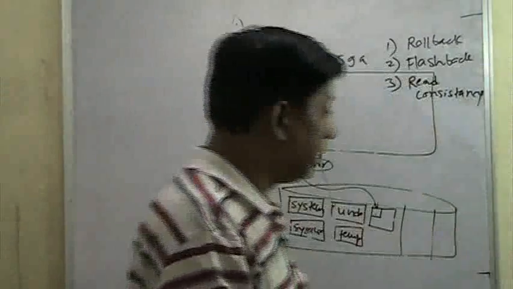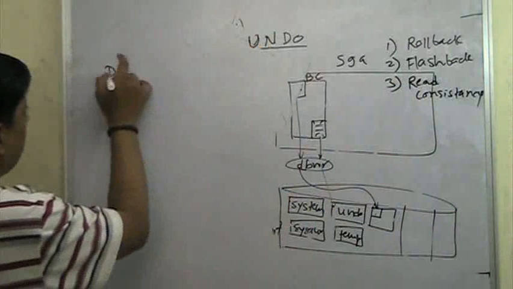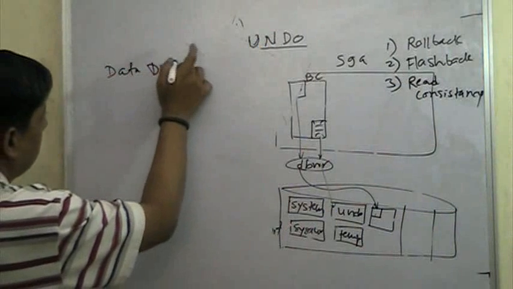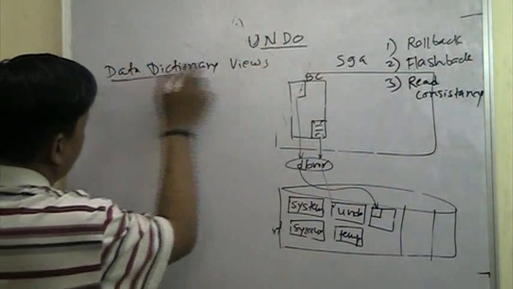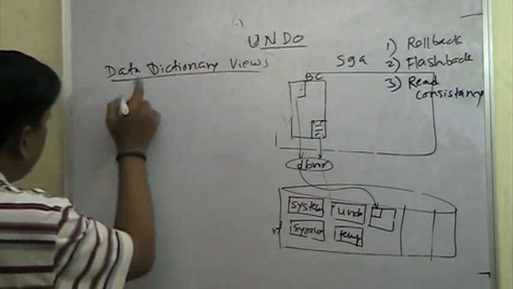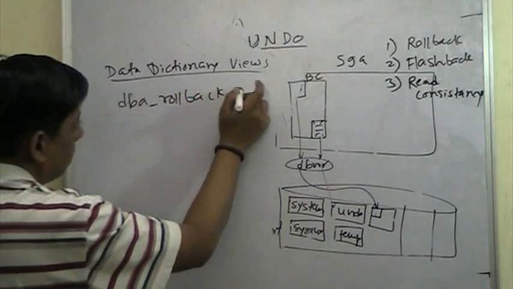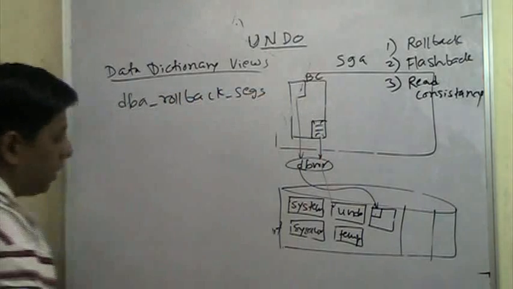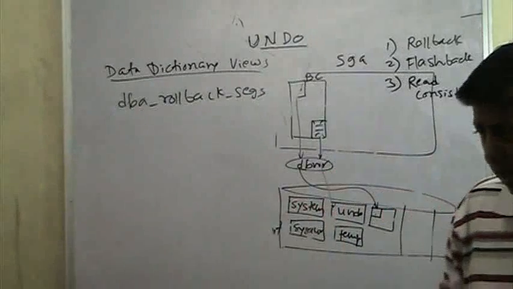Now there are some data dictionary views that I want to cover for undo. The data dictionary view is DBA_ROLLBACK_SEGS. In previous versions of Oracle, undo was called rollback.